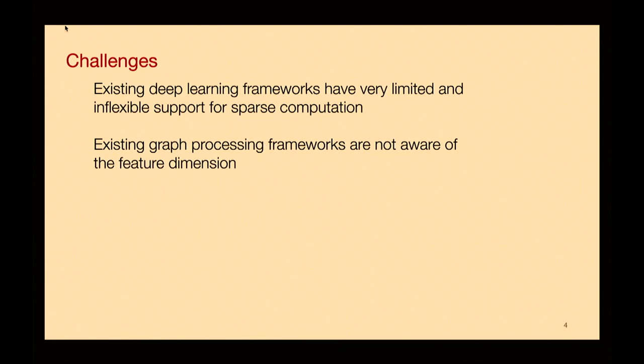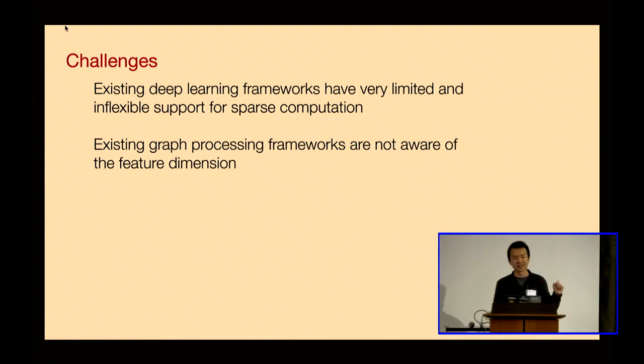The challenge here is that these sparse computation kernels are not well handled by existing deep learning systems or existing graph processing systems. Existing deep learning systems have very limited and inflexible support for sparse computation. They typically rely on vendor-provided libraries, such as MKL on Intel CPU or cuSparse on NVIDIA GPU.